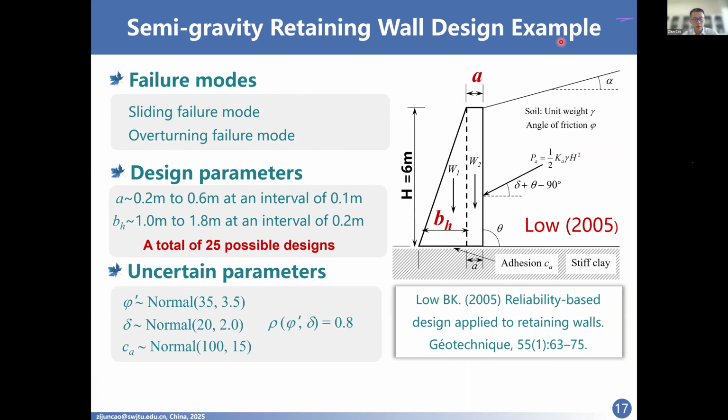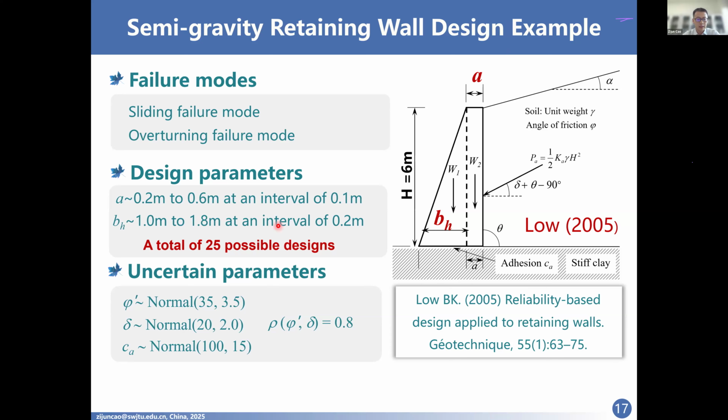The retaining wall sits on a stiff clay layer, so the bearing capacity is not considered here. The height of the wall is 6 meters. The toe width and heel width are taken as design parameters. Each has 5 possible values, leading to a total of 25 designs.